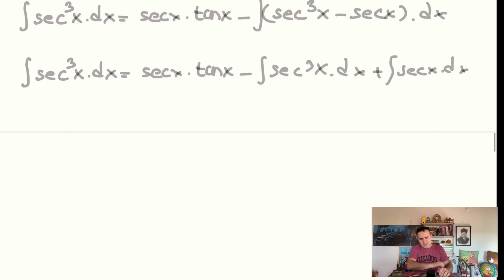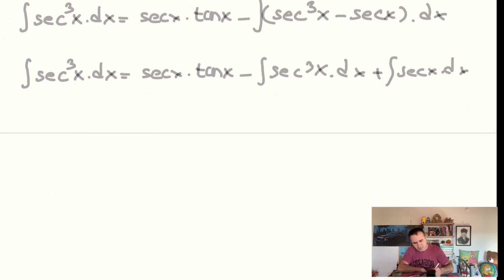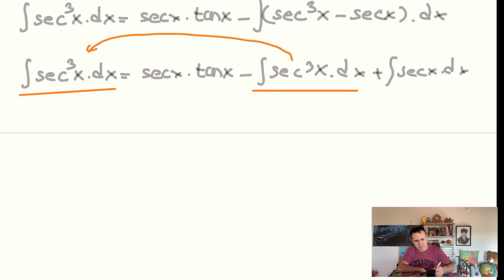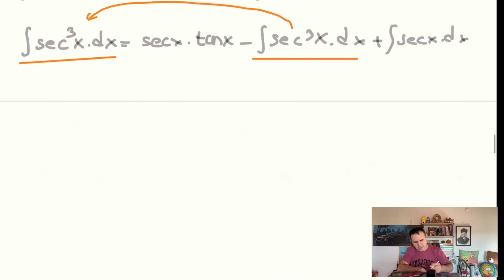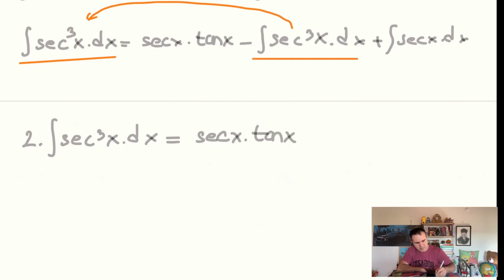As you can see, our integral was secant cube x dx, and we have here secant cube x dx again. Then I will take this to the left side of the equation, and then we will get 2 times integral of secant cube x dx will be equal to secant x times tangent x plus integral of secant x dx.